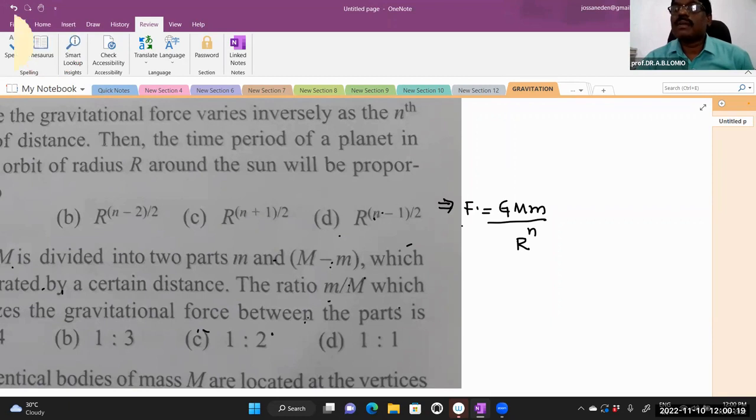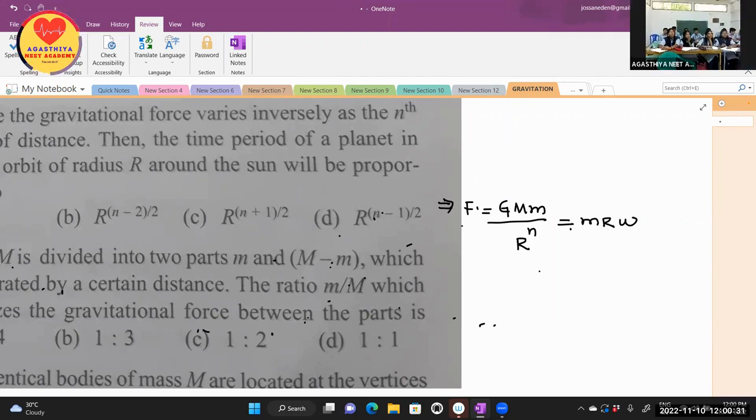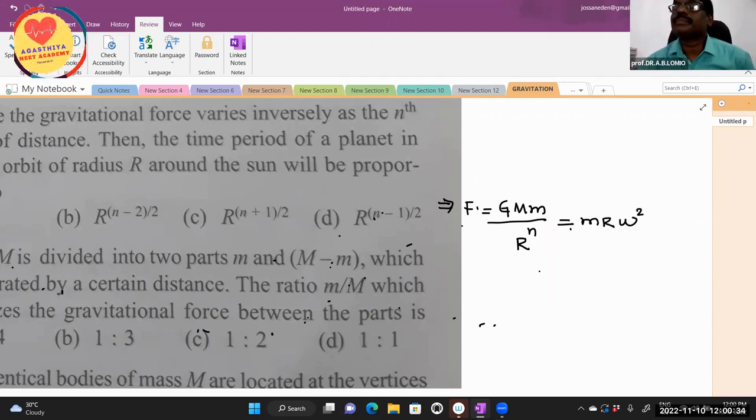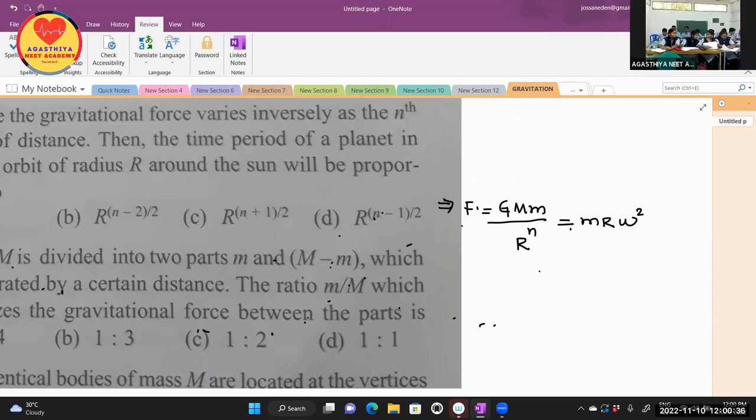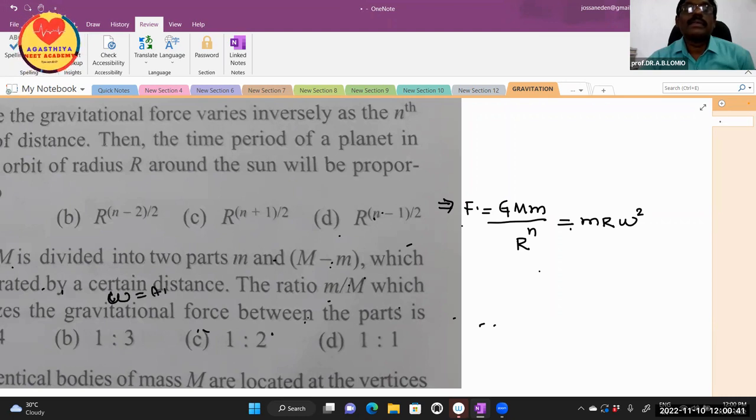What is the centripetal force formula? Anyone can tell me? Centripetal force is m r omega square. This is the formula. Here, omega is the angular velocity. Linear velocity means distance divided by time, the rate of change of displacement.